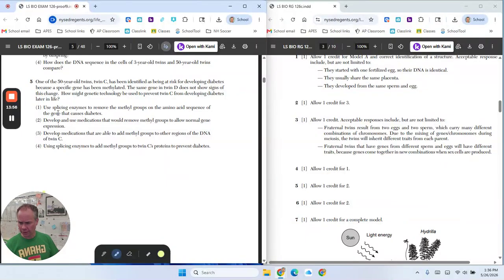So splicing enzymes would be cutting the DNA. That wouldn't be helpful. And so when we're looking at choice 2 and 3, choice 2, if we think these methyl groups might be interfering with gene expression, then maybe we could remove those with a medicine. And so 2, if we look over here, is the correct answer. And so number 5 is 2. Give yourself a point in the margin if you got that correct.